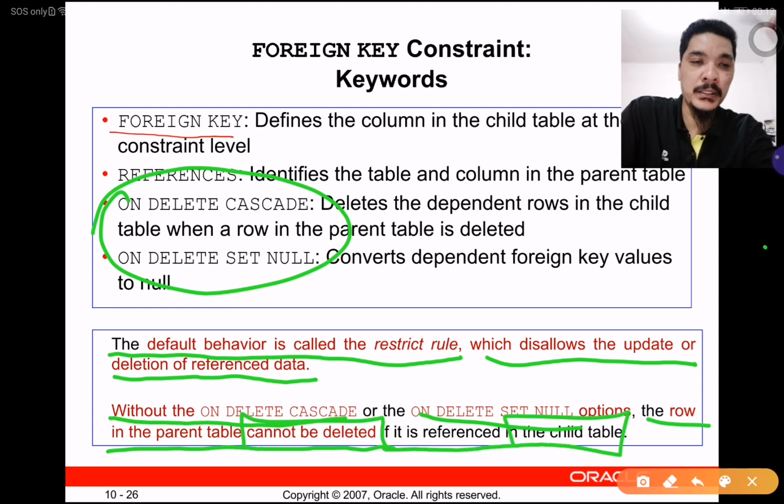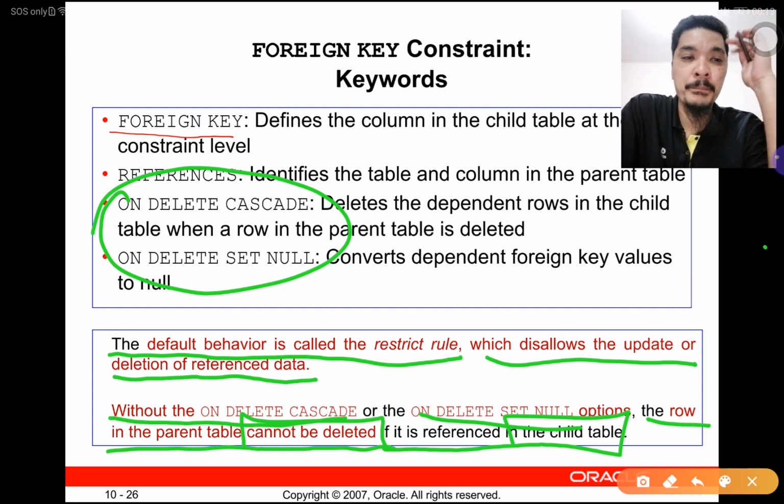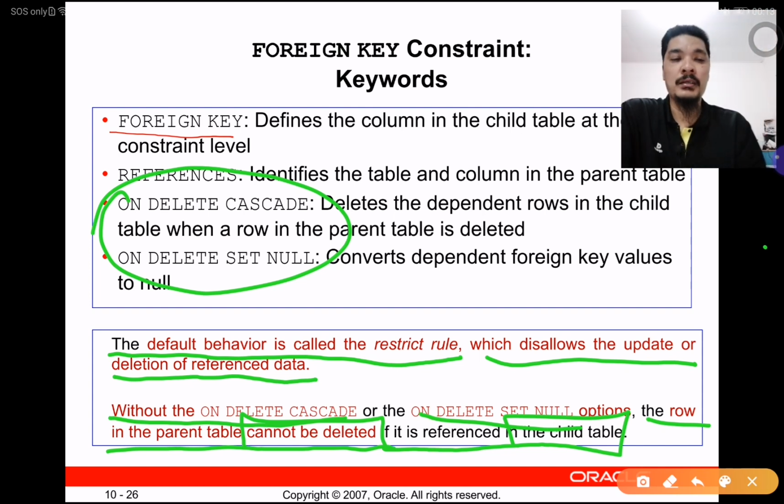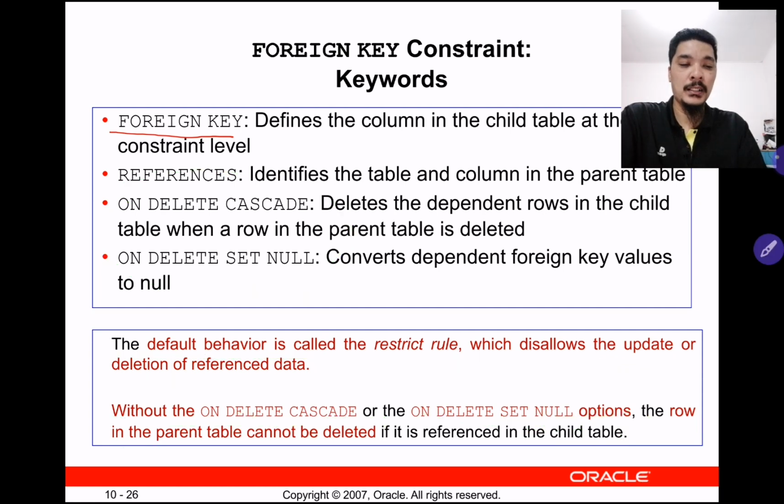Okay, anything that we have already referred to another table, we cannot simply delete from the parent table. So bear in mind, if there is a reference in another table, so table A refers to table B, we cannot simply delete from table B because it is referenced from table A. Okay, next.